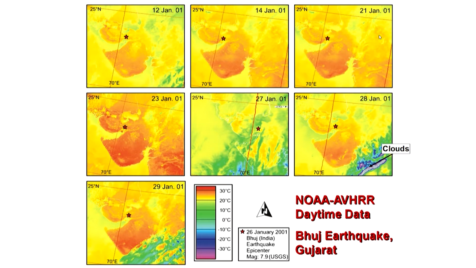Whatever time series data we got, we find that the temperature was slowly rising before the earthquake, reaching a maximum on 23rd January. We did not have the in-between images, and on 27th January things started becoming normal. This was the first observation which we made using thermal remote sensing data.